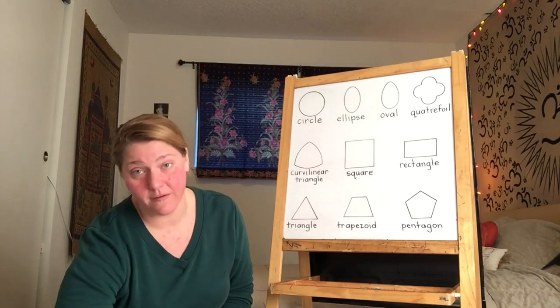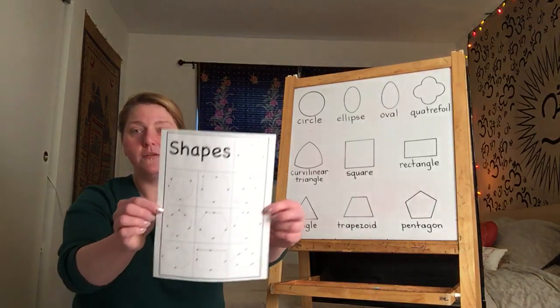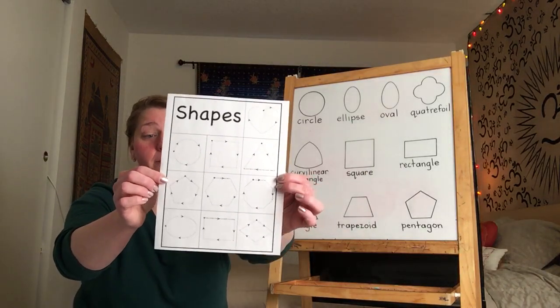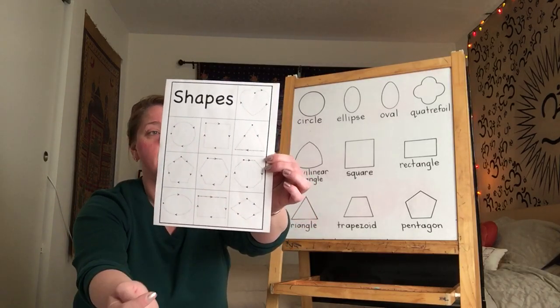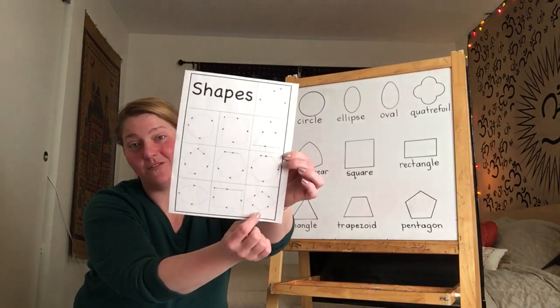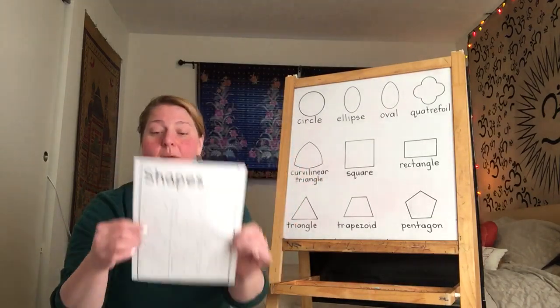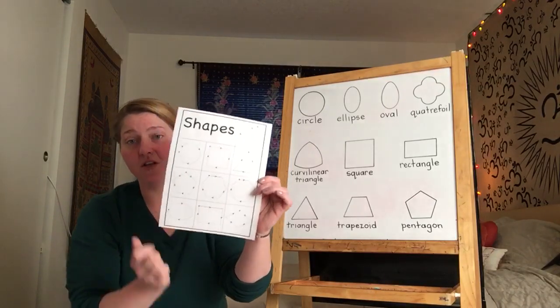Now I have other shape tracing worksheets. They get a little more difficult as you go. So this one has some shapes we didn't talk about. This one has a hexagon and a heart and a diamond. Those are fun shapes. Remember, follow the dotted line, and the arrows show you what direction to go.